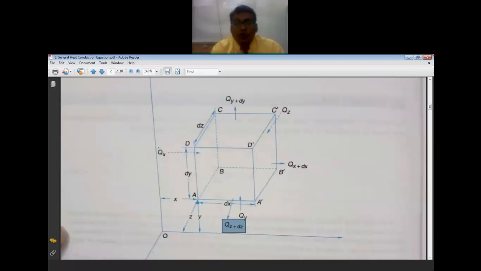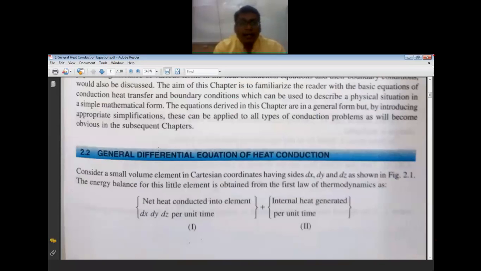Here the units for Q are watts. So applying the basic equation in a Cartesian coordinate system, input minus output is equal to generation or consumption and accumulation.